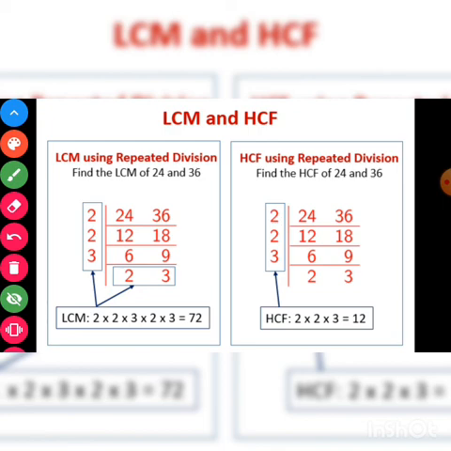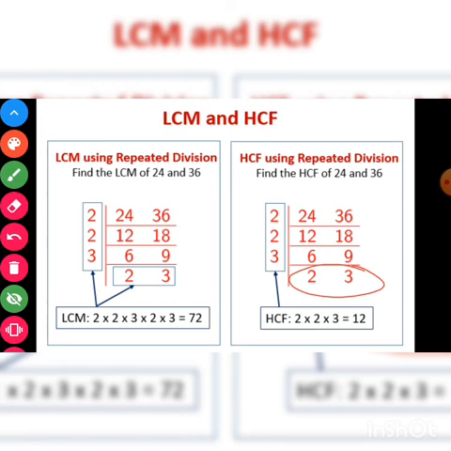Now again 12 and 18 are divisible by 2. So we continue dividing and we get 6 and 9. 6 and 9 again are divisible by 3. After that you have noticed that we have the quotients 2 and 3. And 2 and 3 do not come in the same number table. So we can't divide these two by one number.